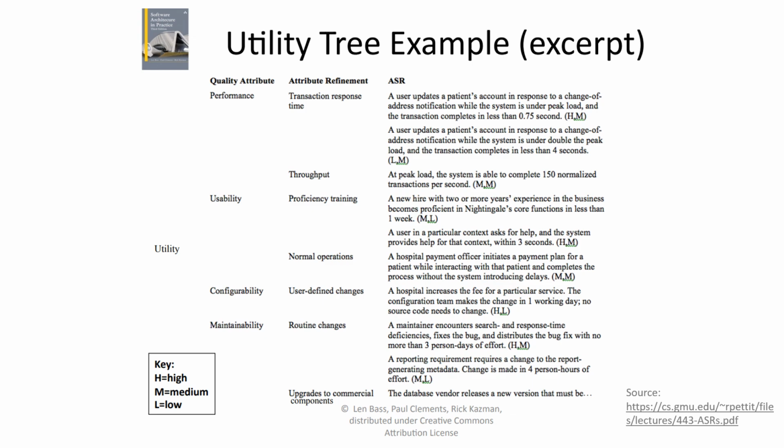So ASRs are captured like scenarios, and the root of this utility tree is a placeholder node called utility. The second level of the tree contains broad quality attribute categories, and the third level goes deeper into those categories. An ASR that has a rating of HH deserves the most attention. And if there is a very large number of HH, then it's also a matter of concern because maybe then the system is not achievable.